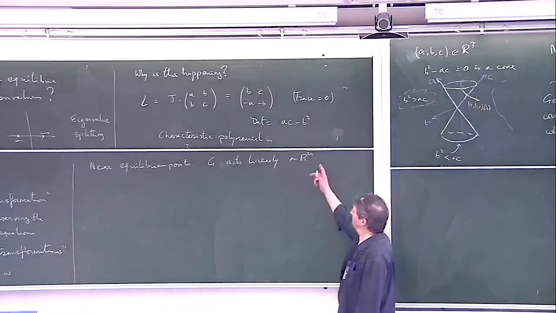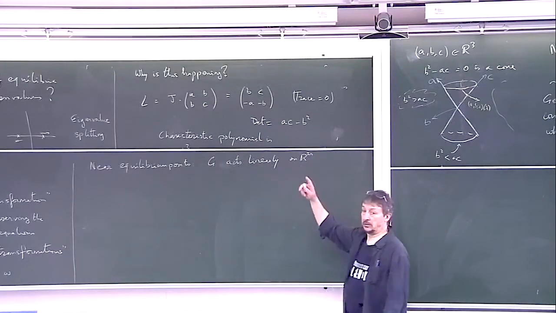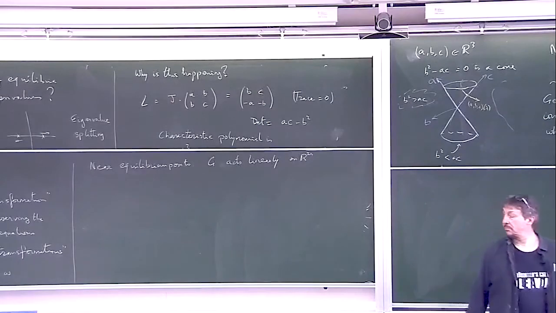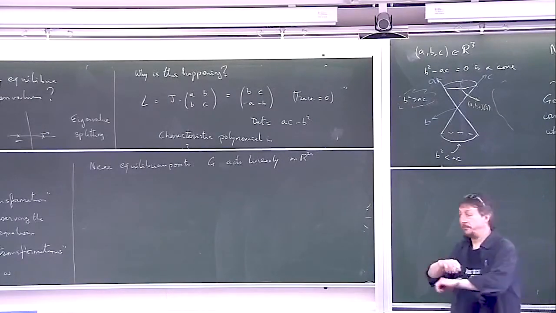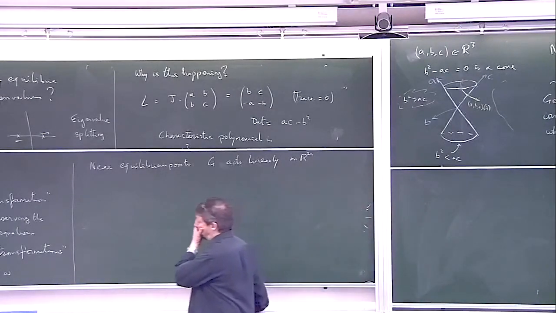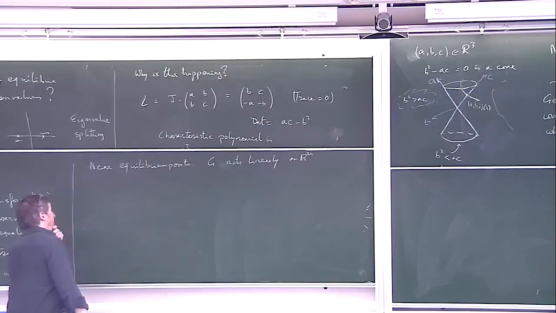Or it might be a finite group, like permuting the coordinates, Q1 and Q2 swap. Something like that. So finite or not finite.